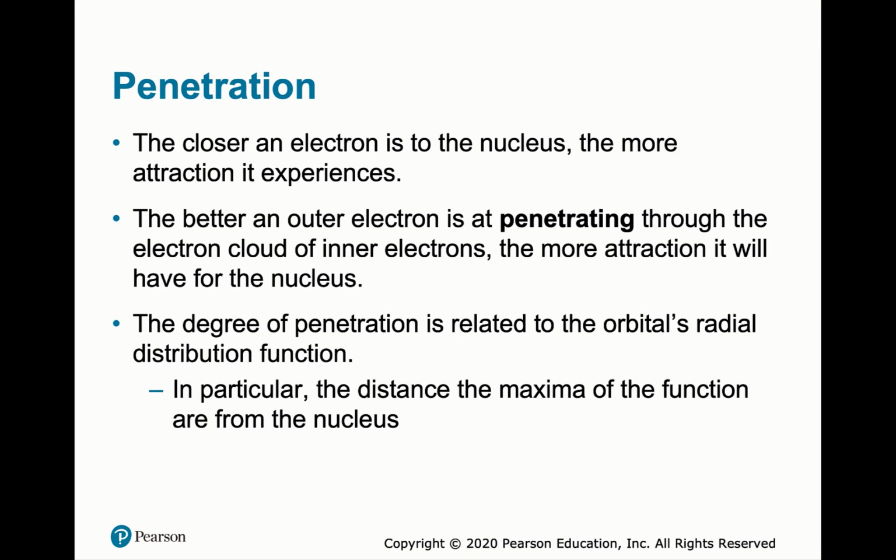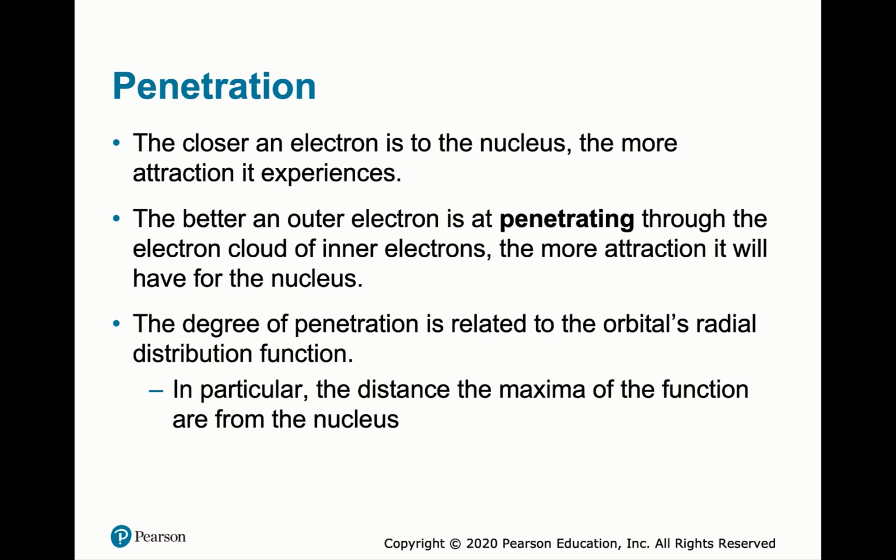Penetration is, if you remember from a previous chapter talking about the quantum mechanical model, we talked about how electrons occupy an orbital, and they occupy a space, and some of the space they occupy for the s and the p orbitals penetrates down closer.